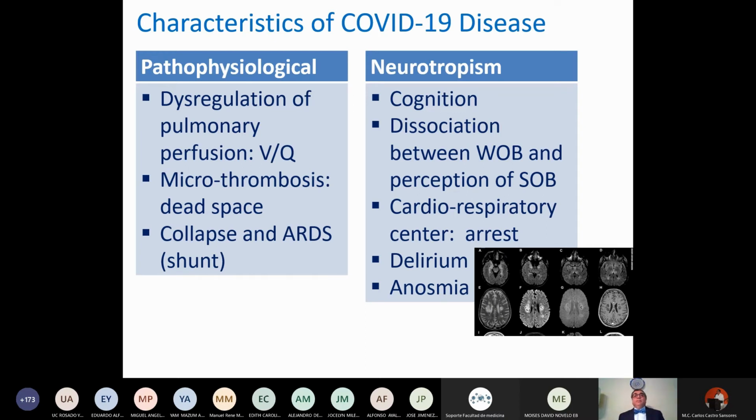Well, we have four scenarios here, or four characteristics rather. One would be pathophysiological, especially immunothrombosis leading to acute respiratory distress syndrome. We have the neurotropic aspect of the virus, which I don't have time to go over, but certainly imaging can guide you to the extent of damage in the brain.